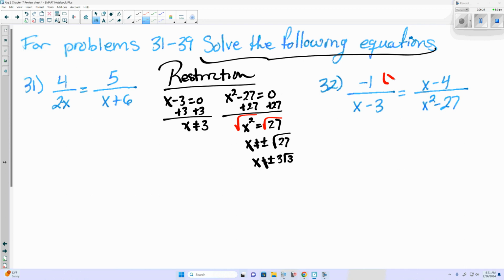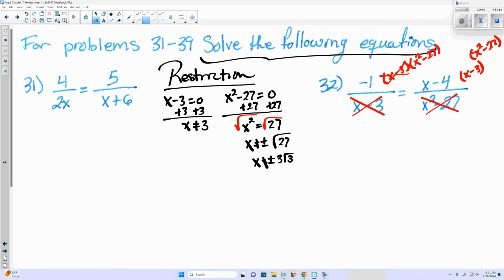Now our first step in solving, we can jump right into that, is to multiply both sides by x minus 3. Because on the left side, the x minus 3 and x minus 3 would cancel. We're also going to have to multiply this by x squared minus 27.